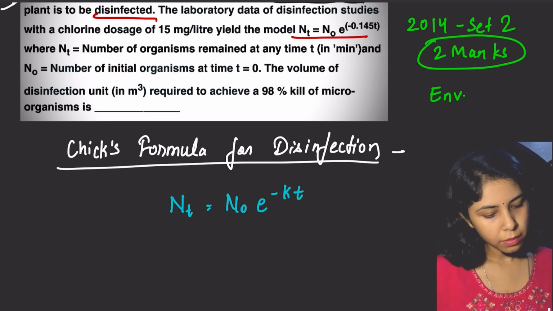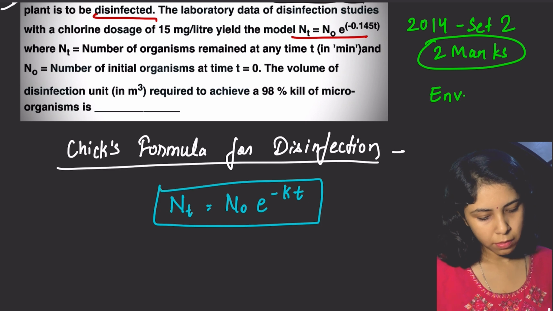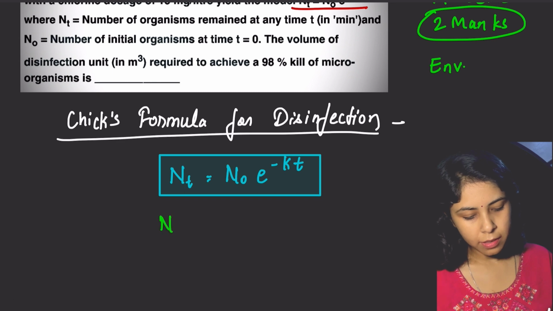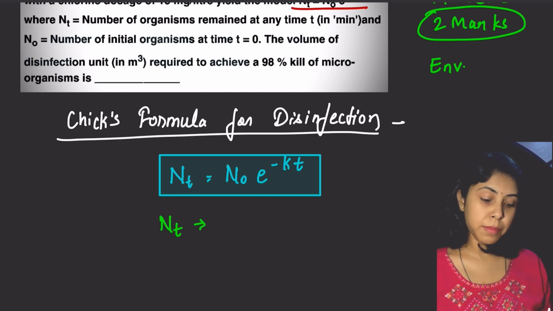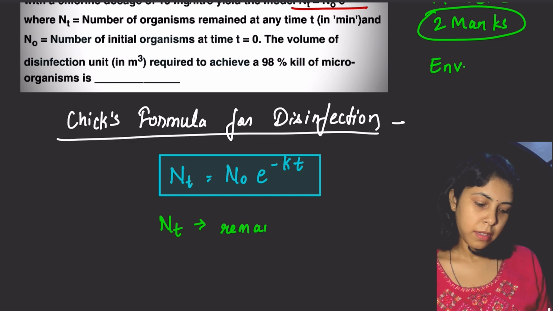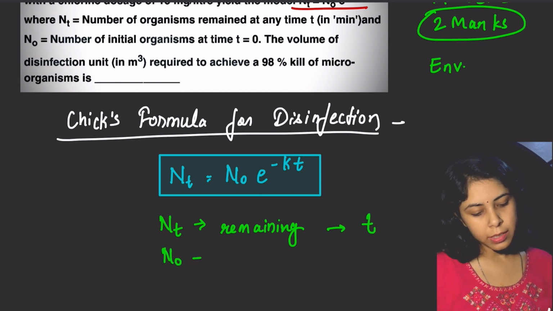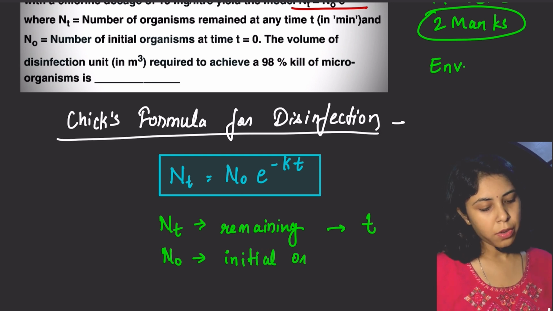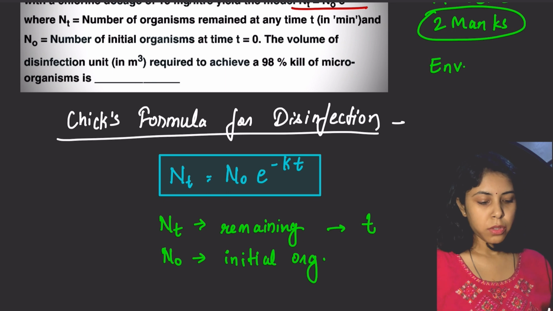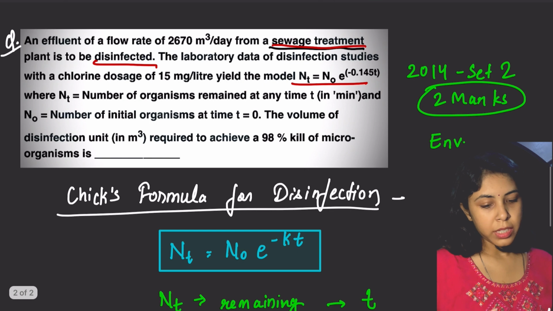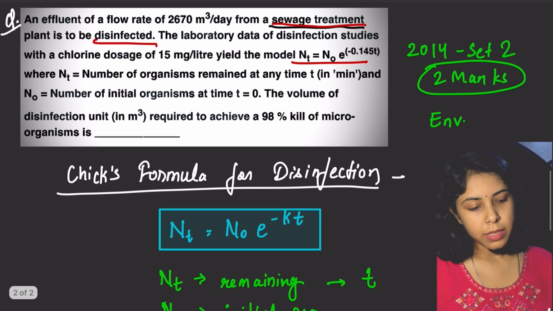Where NT is the number of organisms remaining after any time t, and N0 is the initial organisms, right?